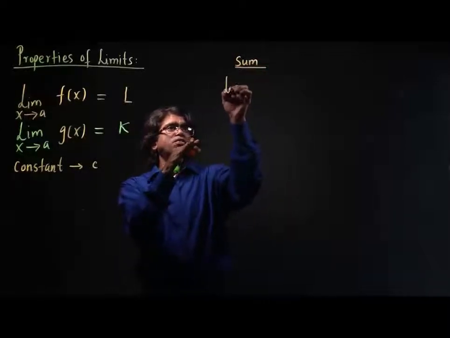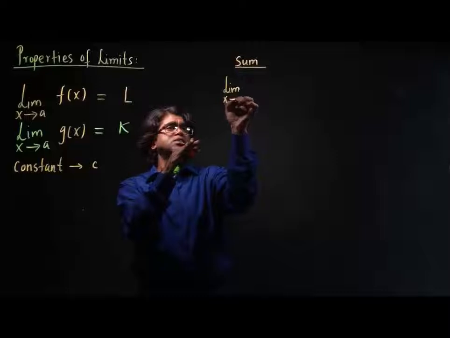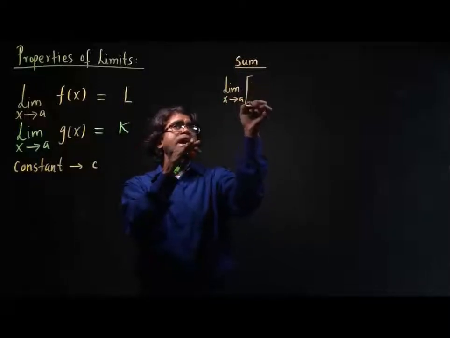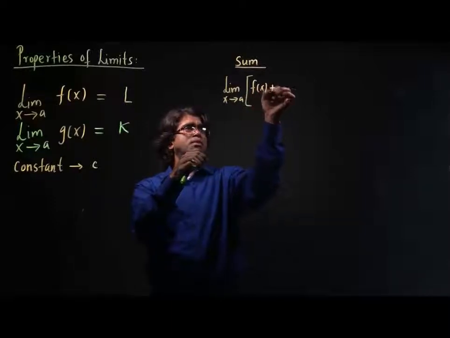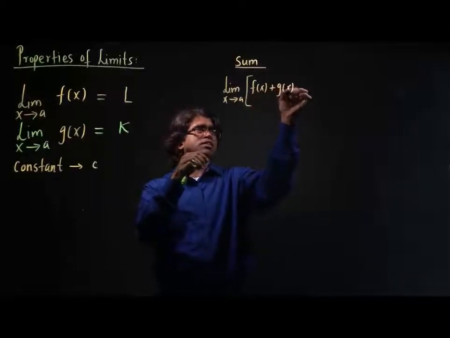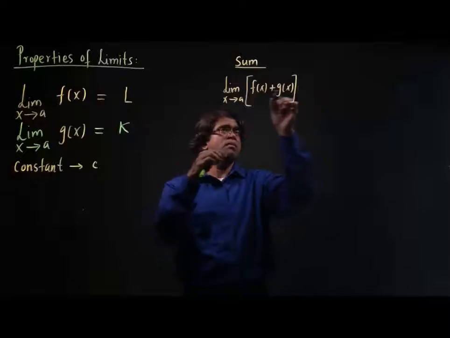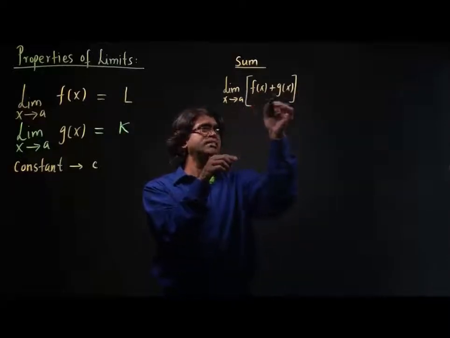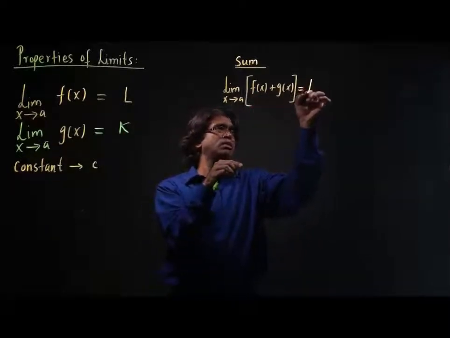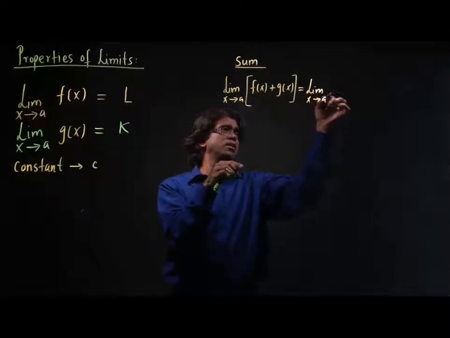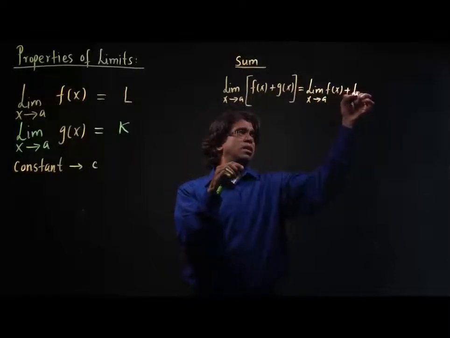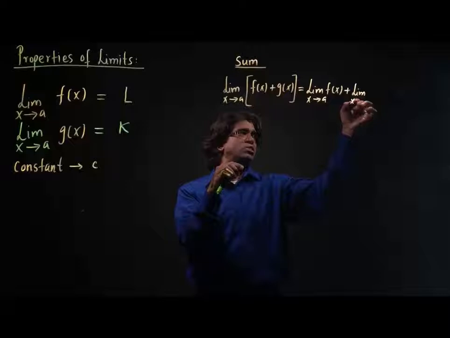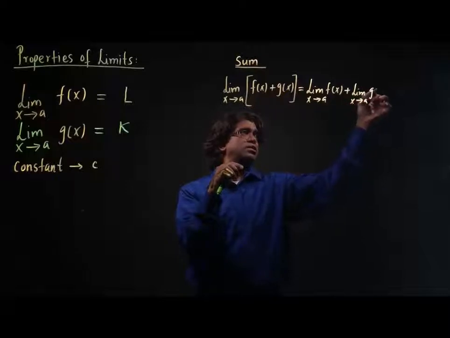So if we want to find the limit as x tends to a, and I'm adding these two functions f(x) plus g(x), I will distribute the limit inside and I will write this as limit x tends to a f(x) plus limit x tends to a g(x).